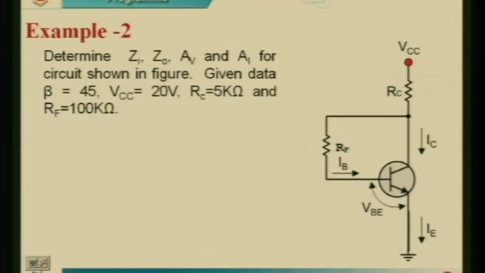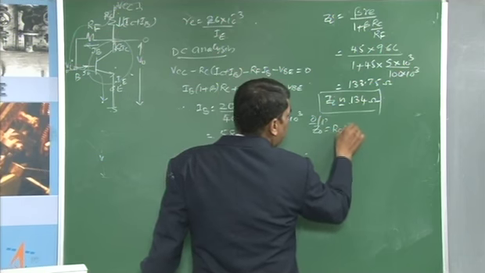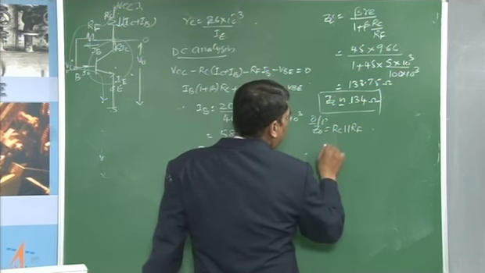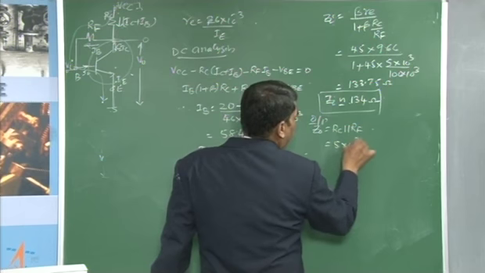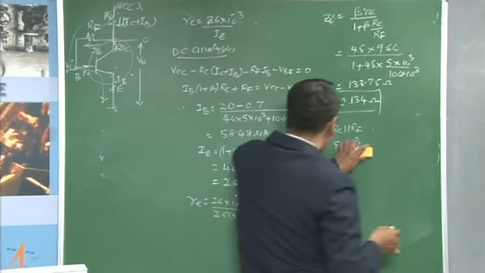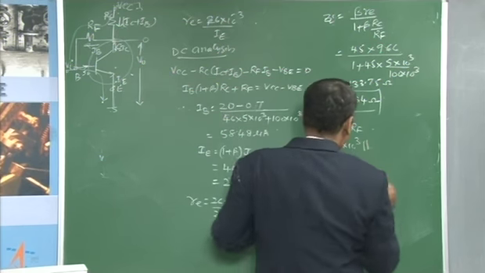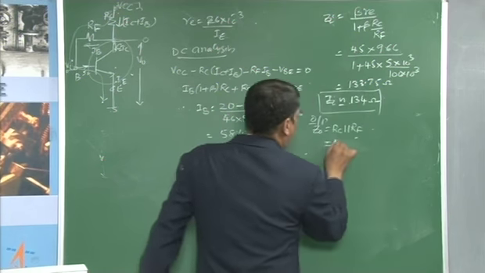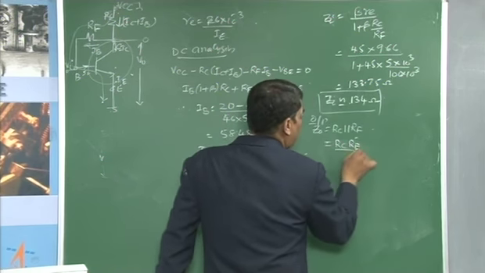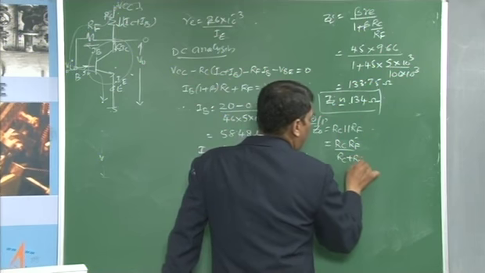Next is the output impedance. Zo is nothing but Rc in parallel with Rf. Rc is 5 into 10 to the power of 3, in parallel with Rf, which is Rc Rf divided by Rc plus Rf.